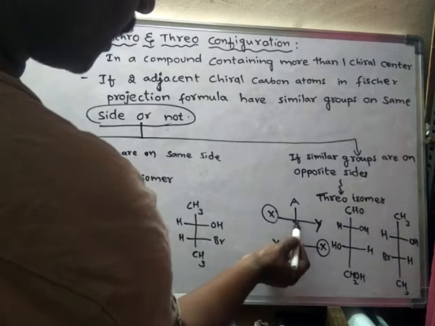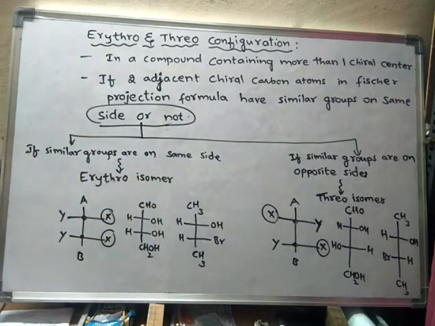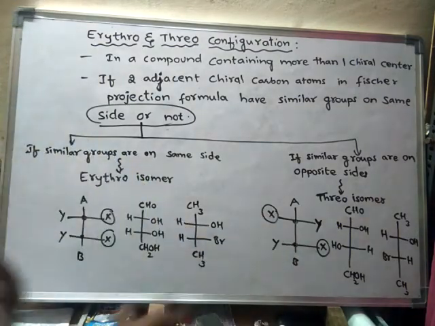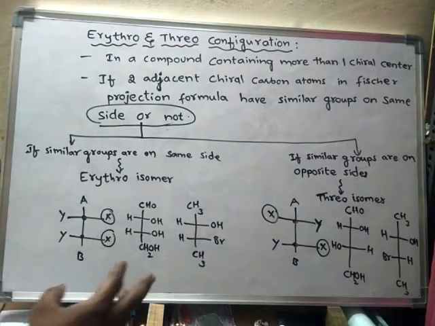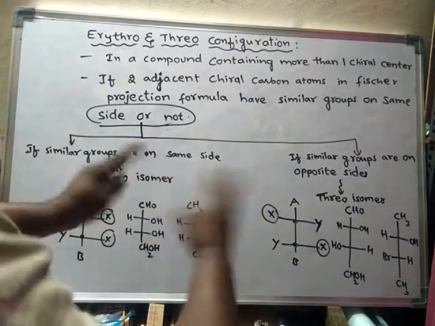Here also this is a chiral carbon, this is also a chiral carbon, and these two are adjacent chiral carbons. So depending upon the presence of similar groups on the same side or on opposite sides, it is classified into two types.